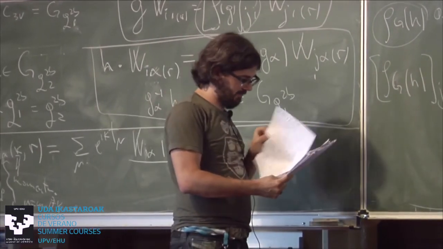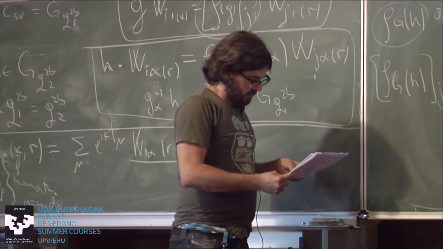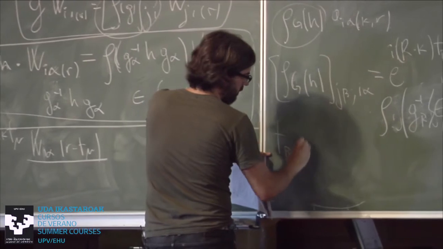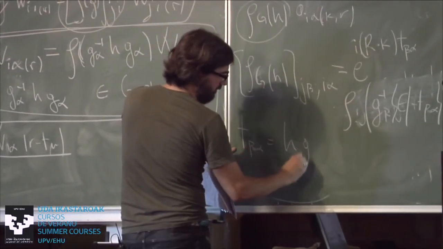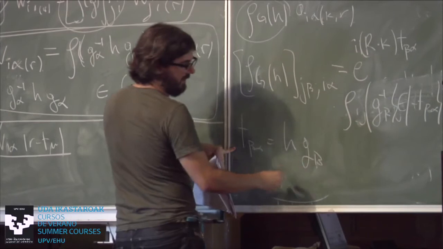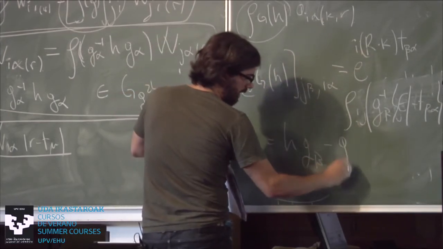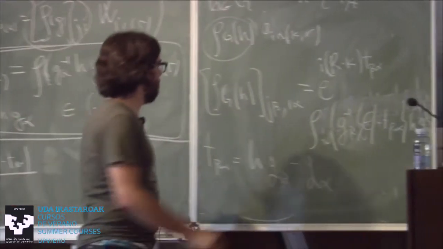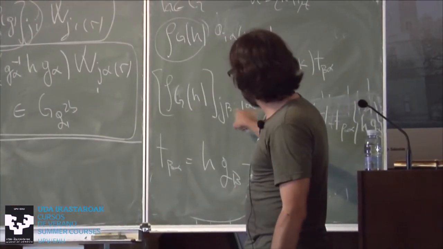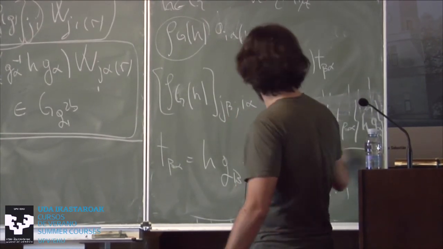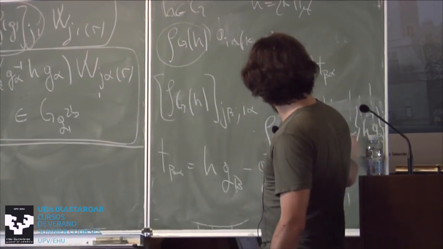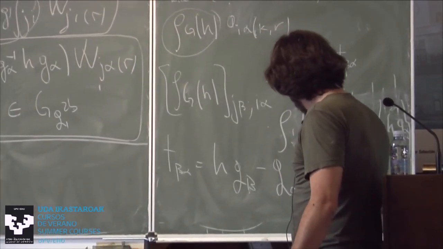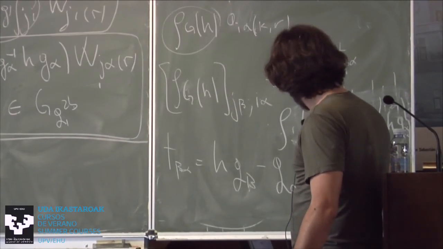So T beta alpha is this matrix element on the Wyckoff position Q beta minus Q alpha. And once you know alpha, you can determine beta by the requirement that this group element has to belong to the site symmetry group of Q1b.